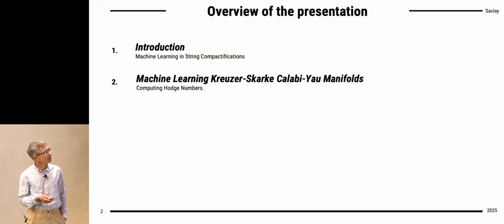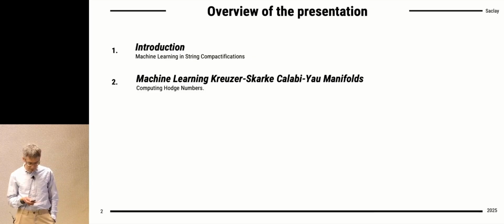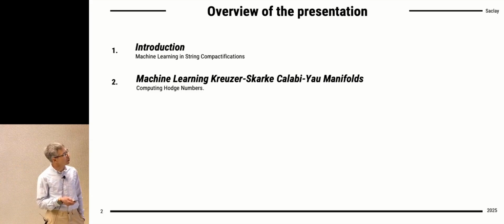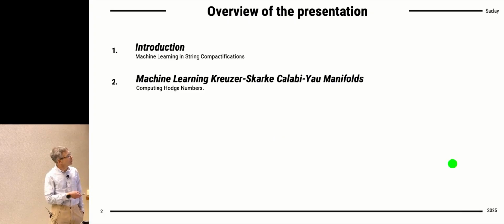Twice the difference gives you the Euler number. So the difference between the Hodge numbers is related, in the simplest heterotic string compactification, to the number of generations, and how we can use machine learning in a particular database known as the Kreutzer-Skarke database.